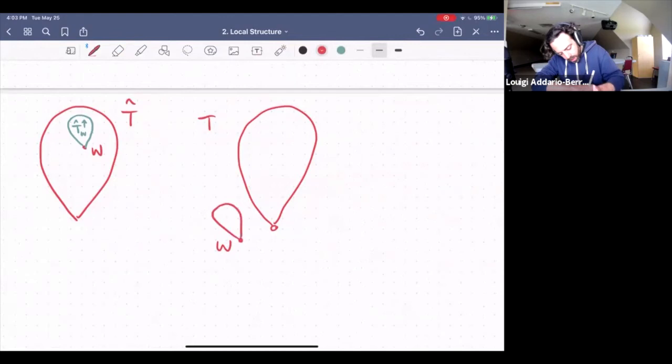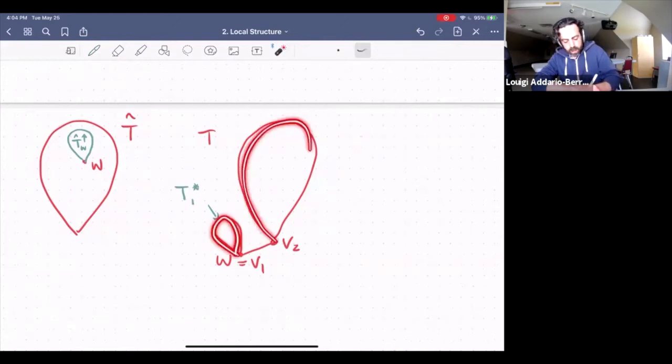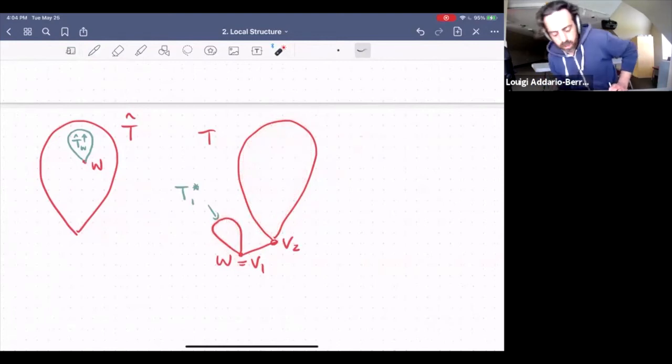I've got the tree. So W is the node V1 for the tree T, and then here's the node V2. Here's the tree T1 star, right? That's everything, all descendants of V1 that are not also descendants of V2.